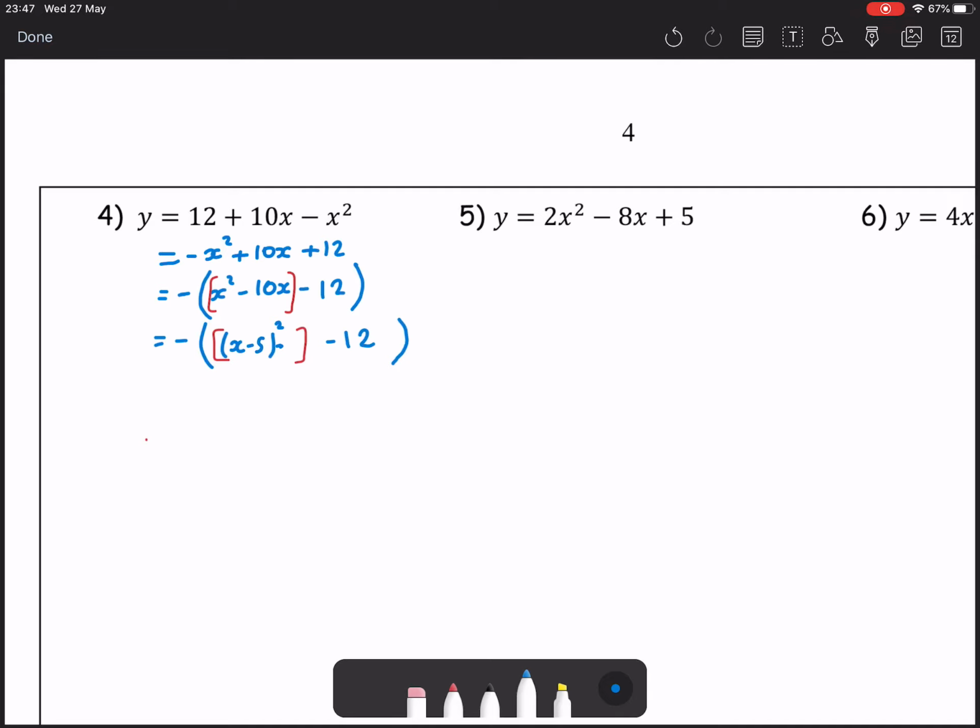So minus 5 squared is 25. Process every time. So whatever the x coefficient is, half it, take away the square. Okay, if I combine the minus 25 and the minus 12 together, I'll get my completed square form.